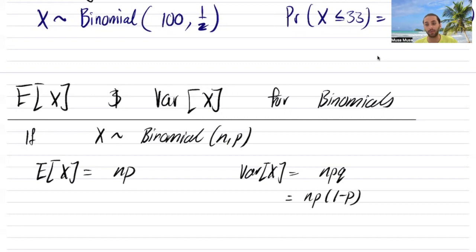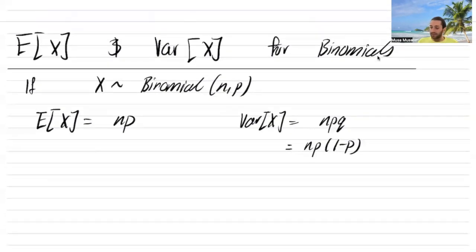So q is just the complementary probability. Maybe the second one doesn't make that much sense, but the first one does, I think. The expected value, what you expect to happen, is just p, the probability of a success, multiplied by the number of trials you have.